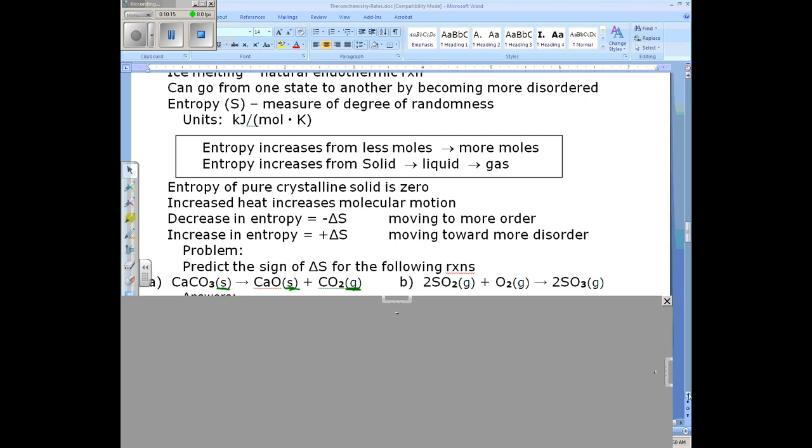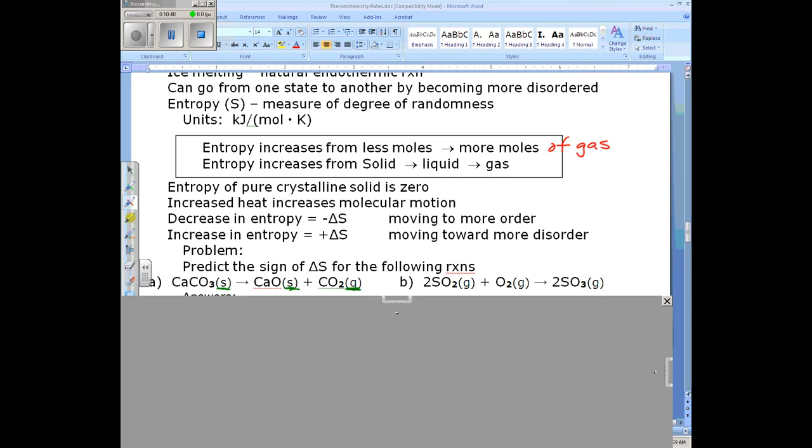Good. All right, if we look at B, I have sulfur dioxide and oxygen gas going to sulfur trioxide. They're all gases, so we can't use that one. So we have to go with this other one. Entropy increases as we go from less moles to more moles, and it's really of gas.